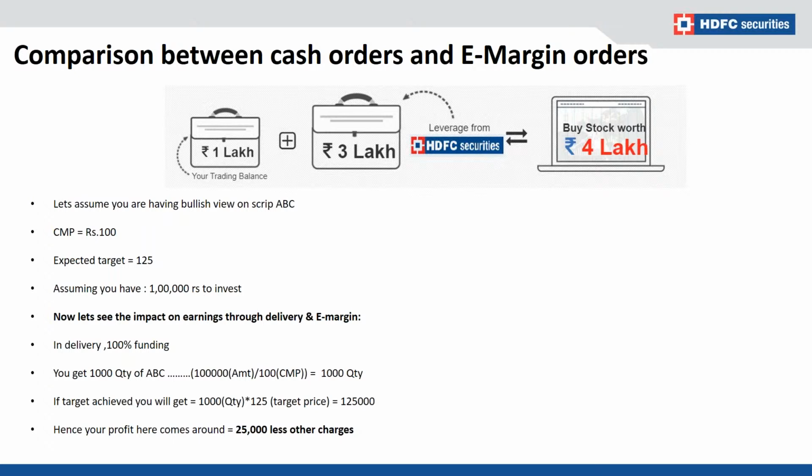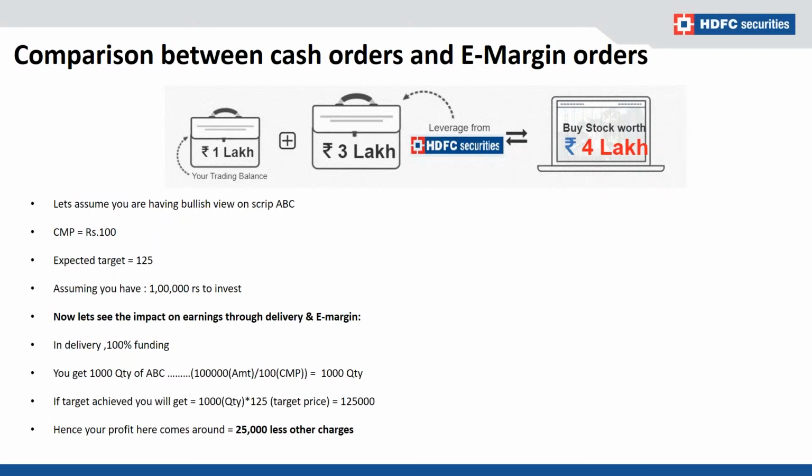So the customer will be able to buy 1000 shares of ABC at 100 rupees. If the customer feels okay, fine, let me sell the position when the target reaches 125.